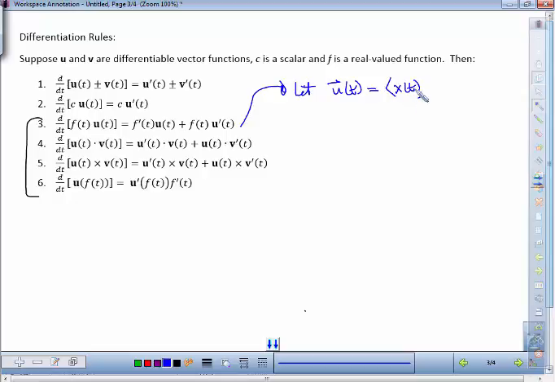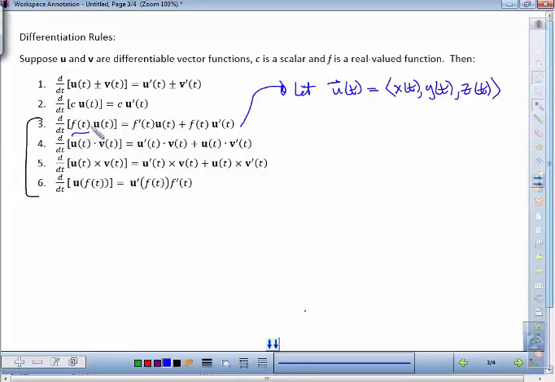The of t part just says that it is a function of t. The name of it is just x. So this could be like cosine t or something. Then y of t could be, for example, sine of t. And then z of t could be, for example, some exponential or whatever. Anyway, that's about as generic as we can get, and we can proceed from here.